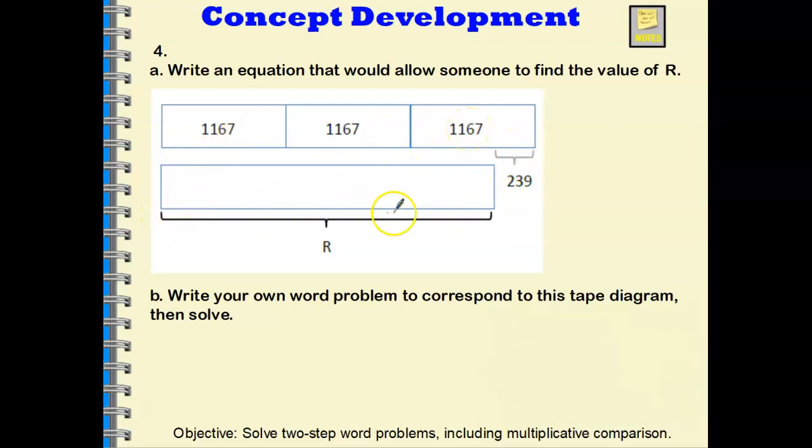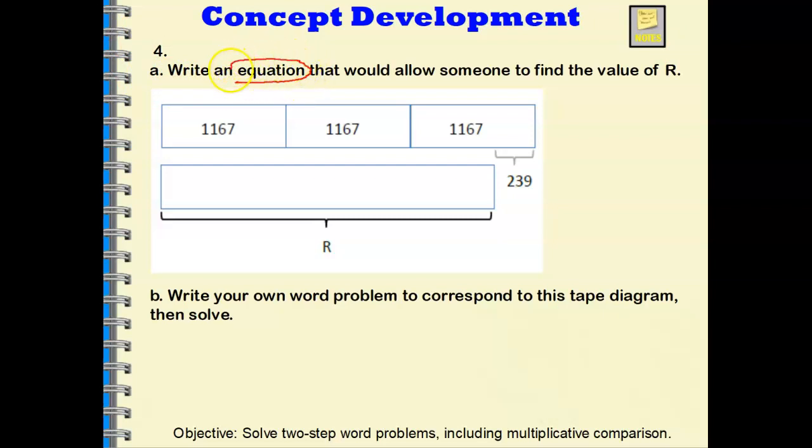So R, which is what I'm trying to solve for, R is right here, and R would be 239 less than 3 1,167s.